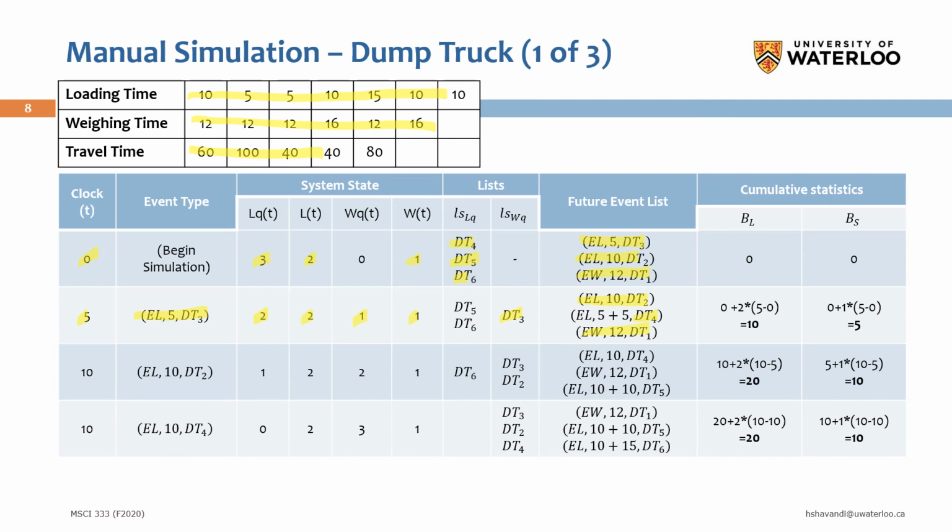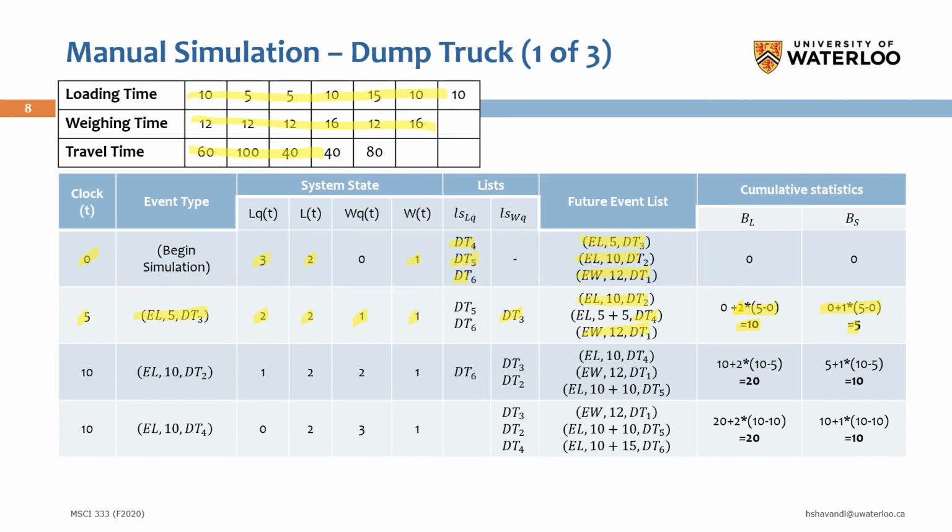We have 2 loaders, and both loaders are busy, right? So 2 times 5 will be 10 minutes. This means so far the total uptime for the loaders is 10 minutes. Okay, and same for the scale, it's just 5 minutes.